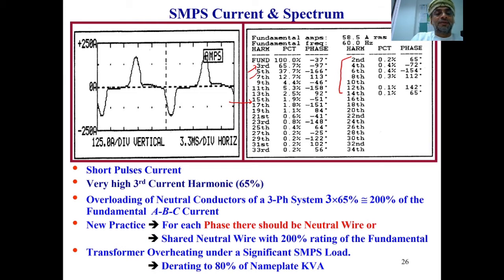So if we have such a waveform, then mainly we are going to have only odd harmonics: the third, the fifth, the 7th, the 9th, 11th, and so on. As we go down, the percentage of those harmonics goes down. The current taken by the switch mode power supply will be short pulses, as we can see from this figure. The third harmonic component is the dominant one. It represents around 65%.